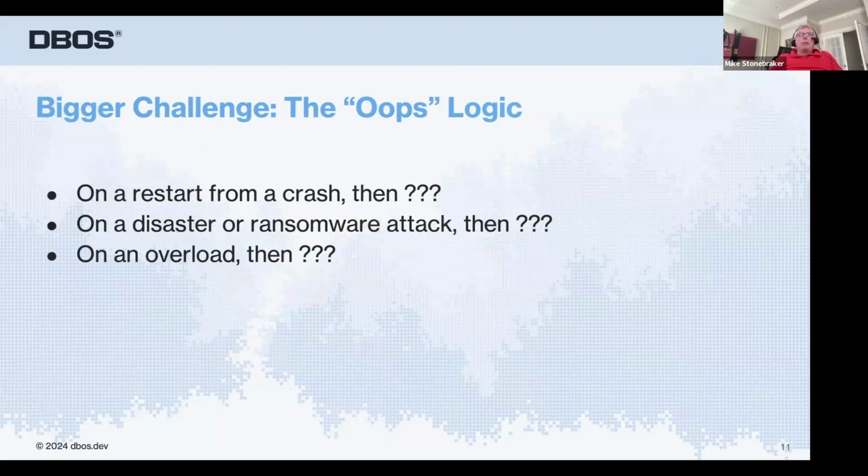If you want to make things really hard, then as Andy Ellicott said, what happens if you crash? So your server goes down and it gets restarted, and now you have to pick up the pieces.